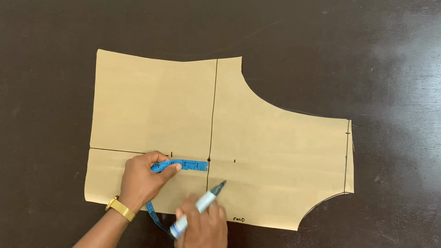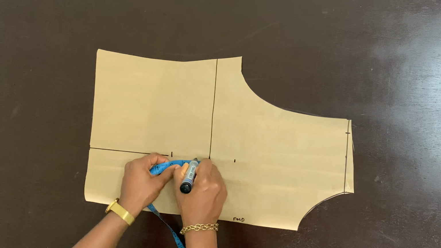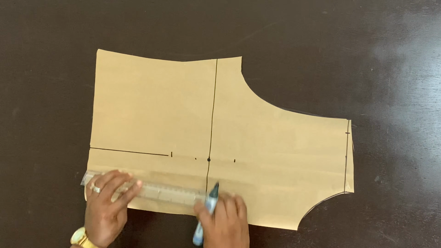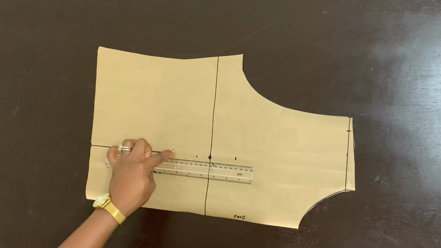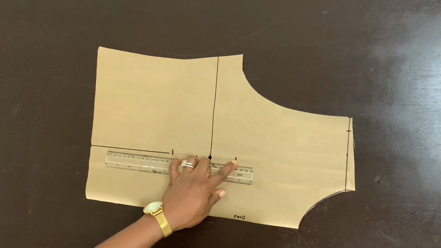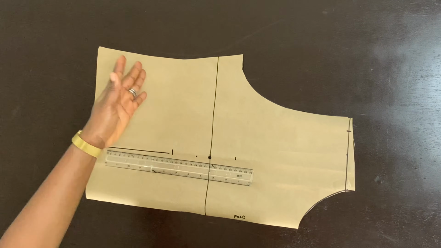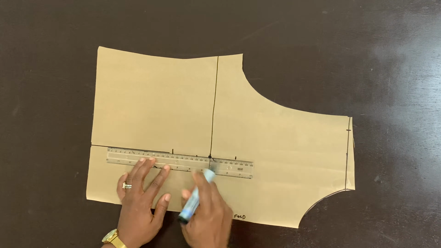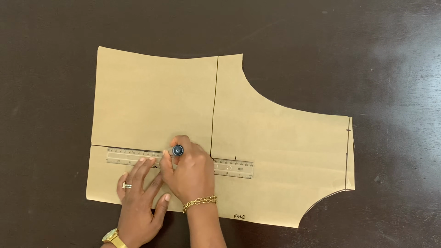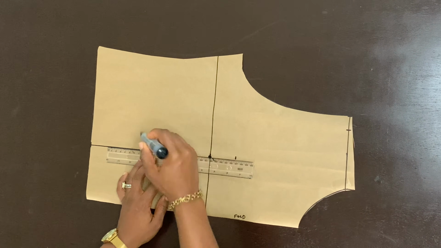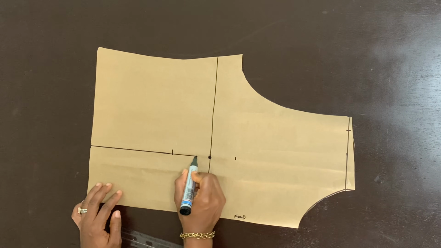So this is our bust point here, by 1 inch, and we know that that point is here. So that's where our dart is going to stop. Please ignore these 2 points here, because this point is the under bust point and this is the armhole line point. But I didn't want to extend it because I don't want to confuse you guys. So we're going to extend this line all the way to meet this point here. Okay, so this is our waist dart.